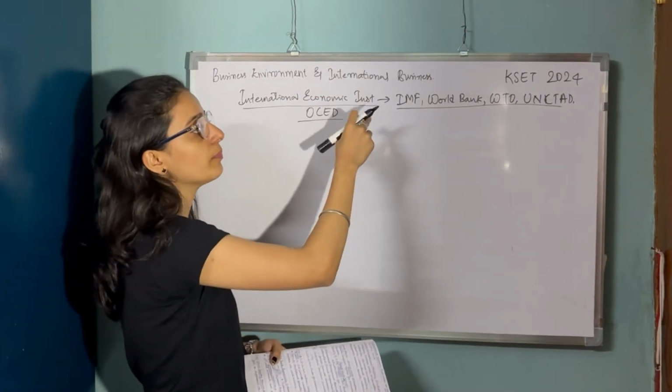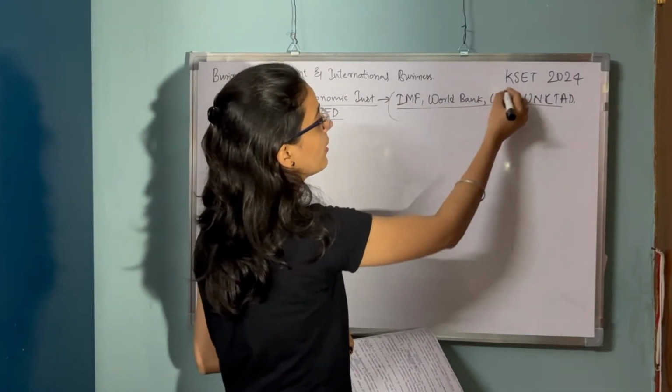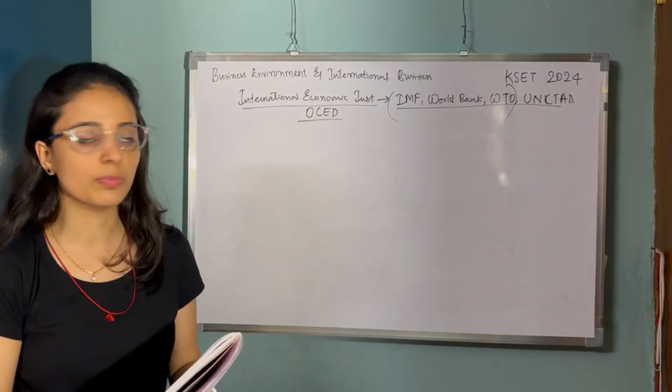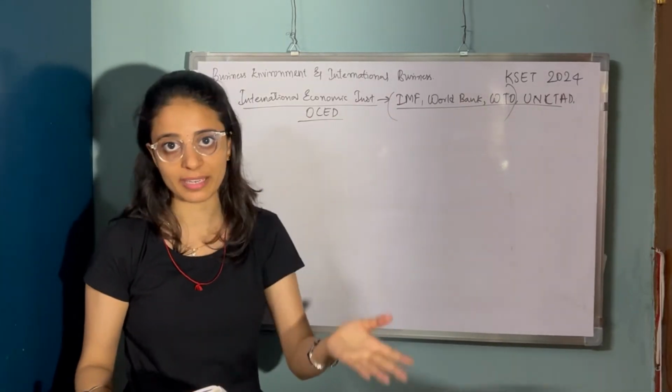Let's look into the 3 more important from our examination point of view, that is IMF, World Bank and WTO, whereas having information on the other 2 is also very beneficial.